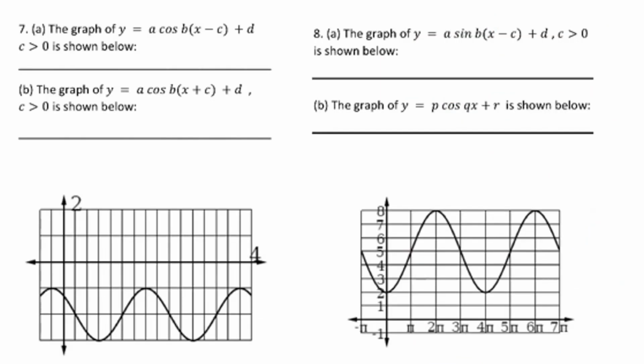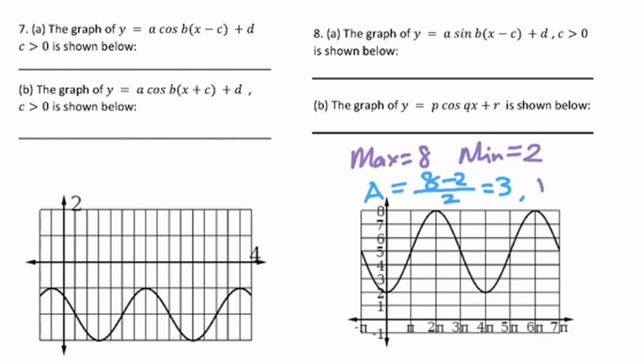Now let's go to number 8. First of all, you need to figure out the maximum. That's 8. Minimum, that's 2. So for amplitude, you get 8 minus 2 over 2 equals 3.